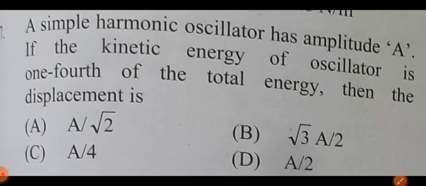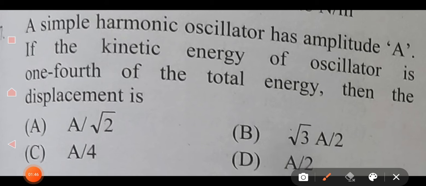Now x square equals A square minus A square upon 4. If we do the cross multiplication, we get x square equals 3A square upon 4. Therefore x equals root 3 A by 2. So that is the correct answer here. Option number B is the correct answer for this question.